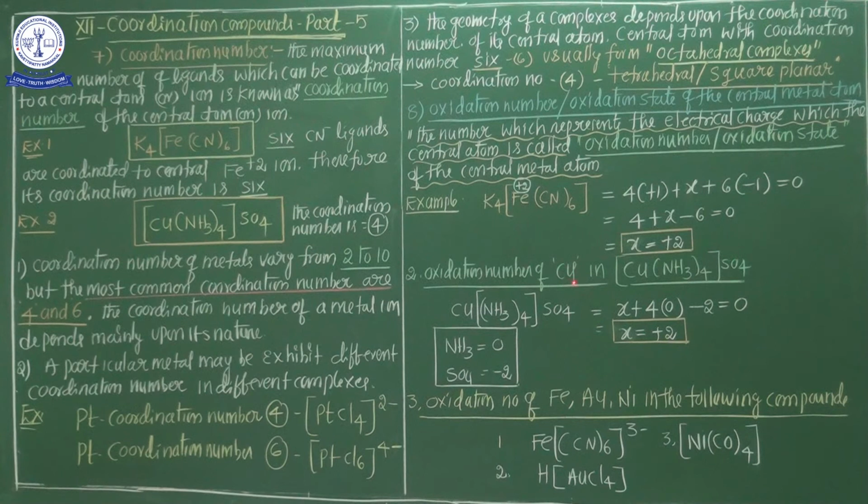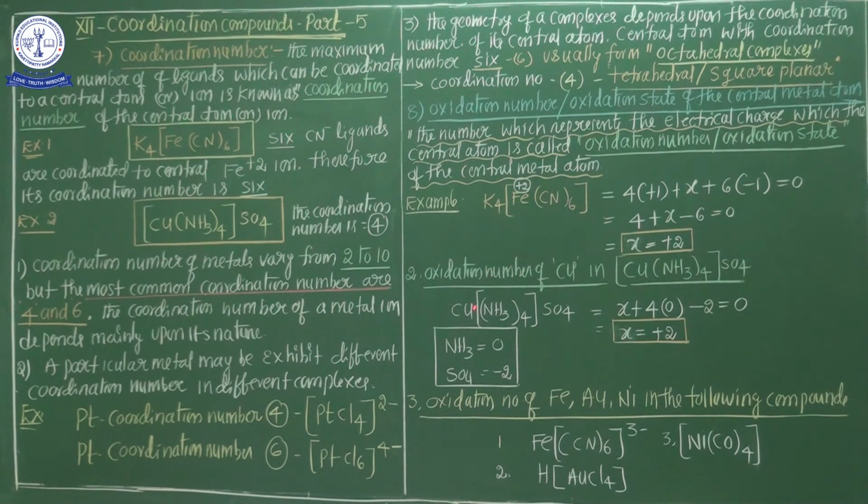Coordination number of copper in copper ammonium sulfate. The same rules and regulations are applicable here also. Now see, Cu(NH3) taken 4 times. So what is the coordination number of copper? 4, because 4 ligands are there here.